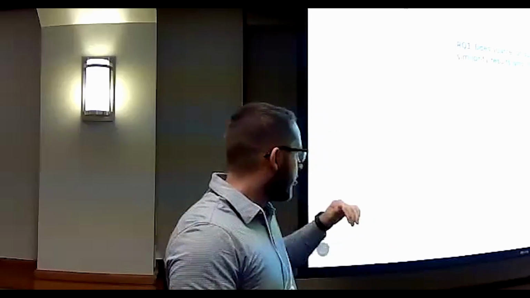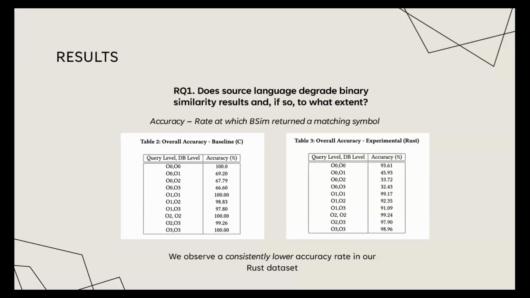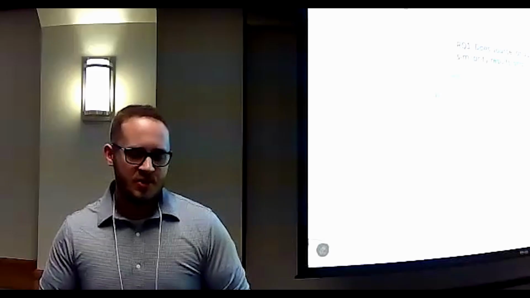On the left side is C. We do see some degraded performance with C, but when comparing O1 to O2, it's like 98% accurate, which is pretty solid. On the Rust side, we do see a degradation in results. We go from 98% to 92%, for example, comparing O1 to O2. So there is consistently lower accuracy demonstrated with our Rust data set.